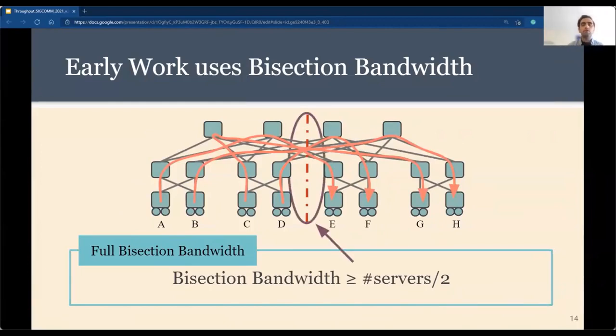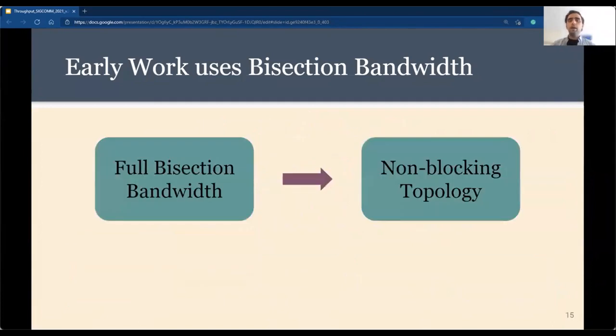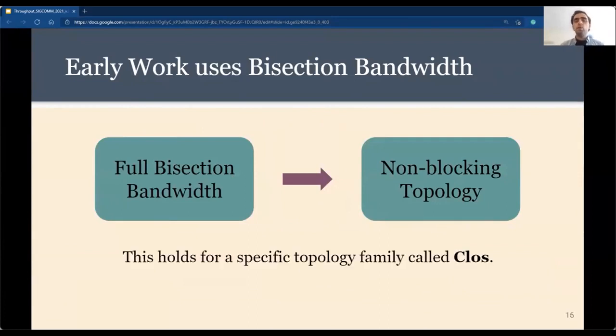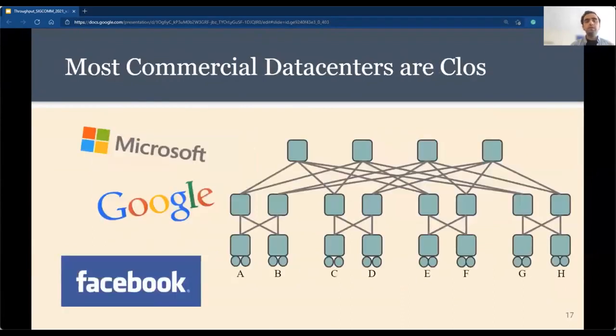This property is called full bisection bandwidth. More formally, a full bisection bandwidth topology has bisection bandwidth at least equal to half of the servers. Any topology with full bisection bandwidth is non-blocking, and this is a property that holds for a class of topologies called Clos. Clos is the family widely deployed in practice.